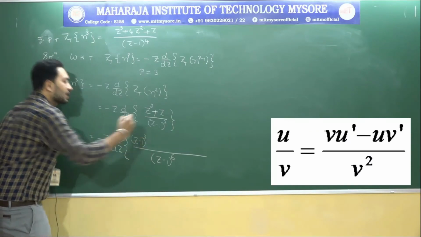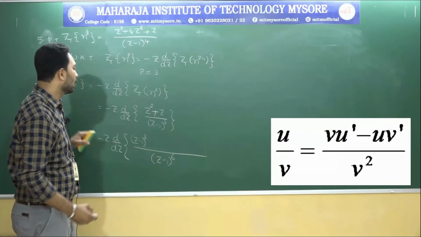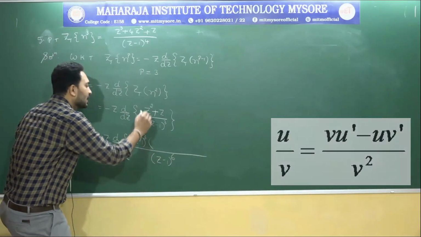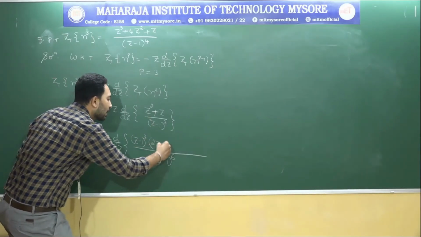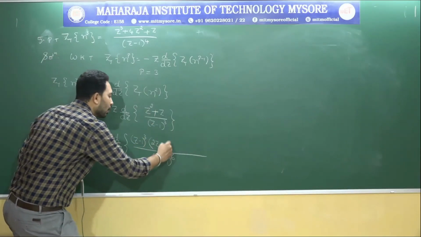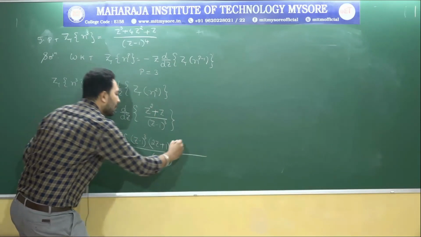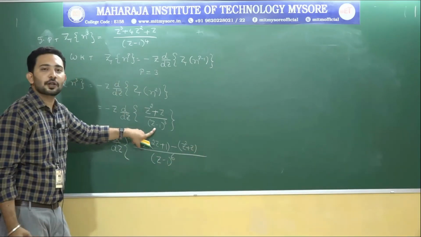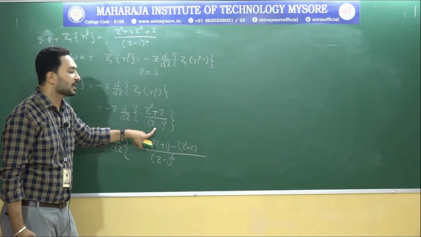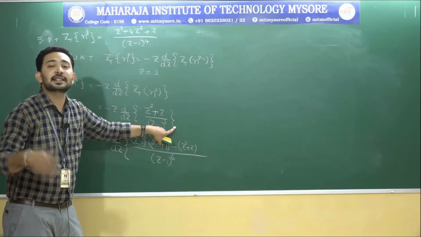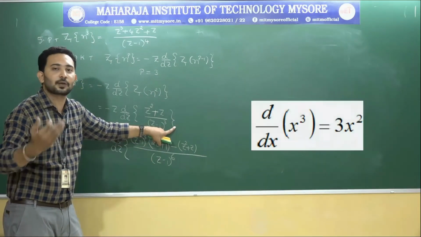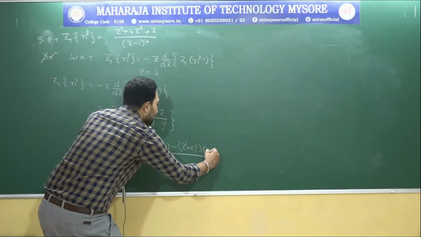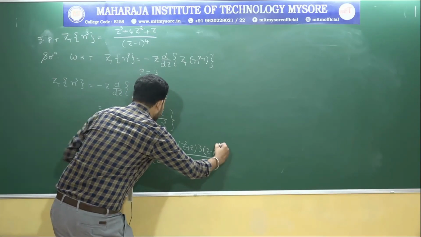Denominator, z minus 1 whole cube, into the differentiation of the numerator. So what is the differentiation here? z square gives 2z, plus the differentiation of z, which is 1, minus the numerator z square plus z into the differentiation of the denominator, z minus 1 whole cube. It is in the form of x cube, and the differentiation of x cube is 3x square. So for z minus 1 whole cube it is 3 into z minus 1 whole square.